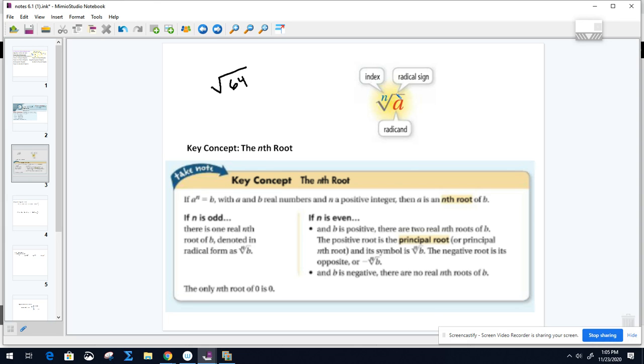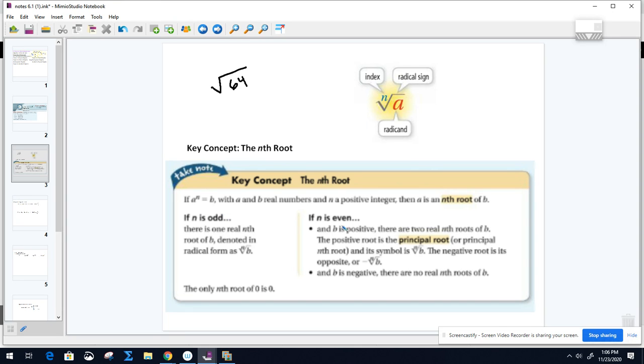So when I have a problem that looks like this: if a to the n power equals b, with a and b real numbers and n a positive integer, then a is an nth root of b. If n is odd, so I'm saying if the index is odd, there is one real root. Okay, that root is either positive or that root is negative.